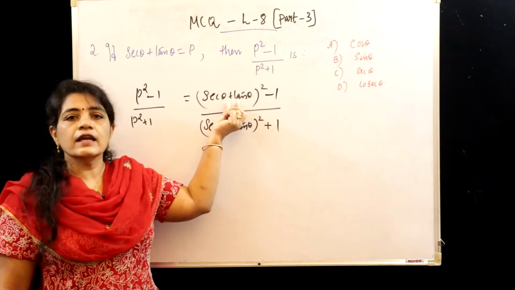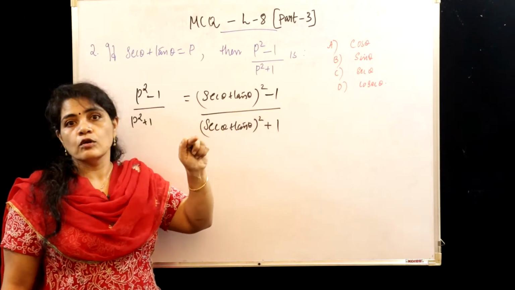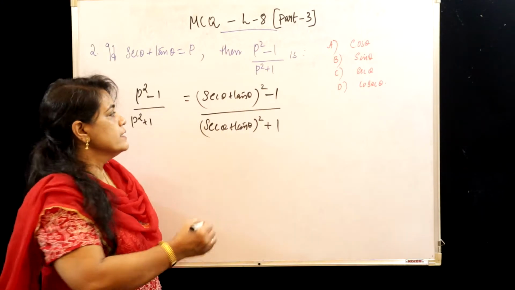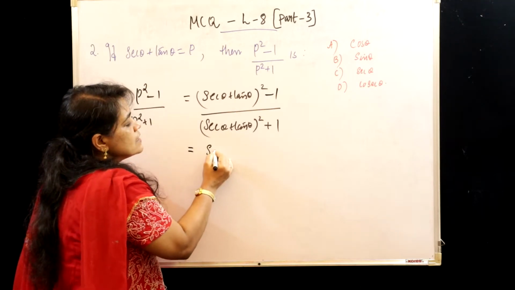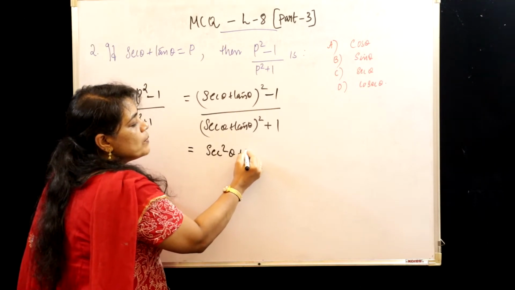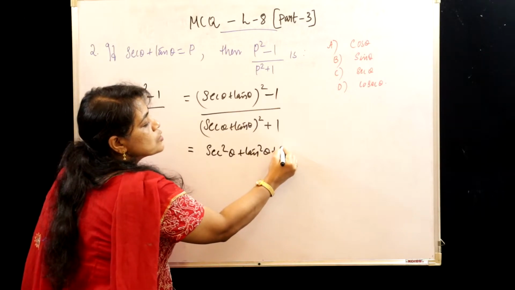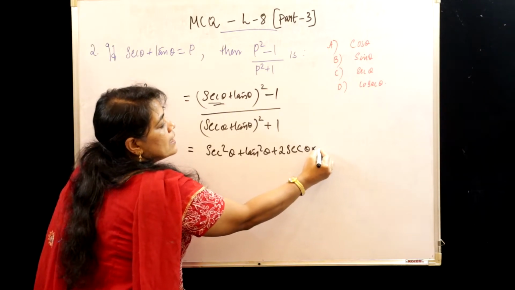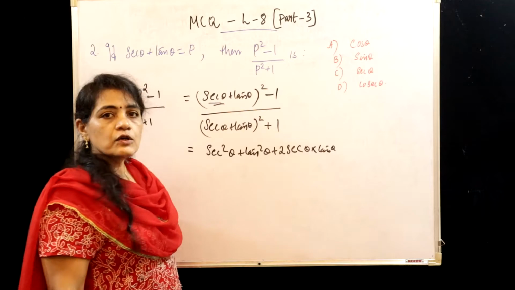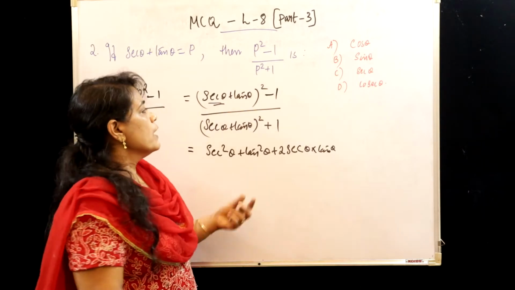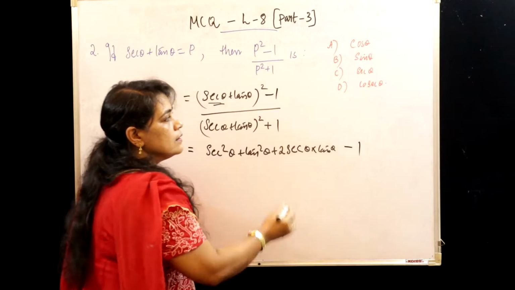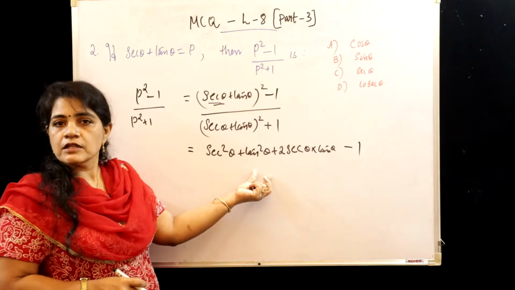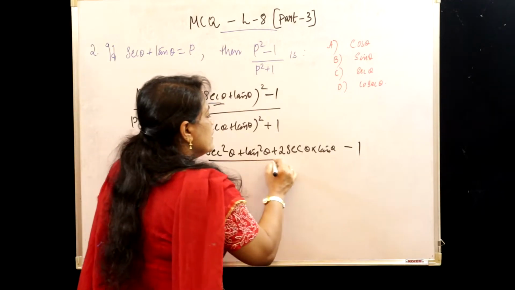Here also we can expand using a plus b whole square, because the terms are connected by plus. The algebraic identity gives a square, that is sec square theta, plus tan square theta, plus 2ab, that is 2 into sec theta, which is a, and tan theta, which is b. So this is a plus b whole square, and minus 1. We expanded this bracket using the identity a plus b whole square. Clear? Divided by, in the denominator.